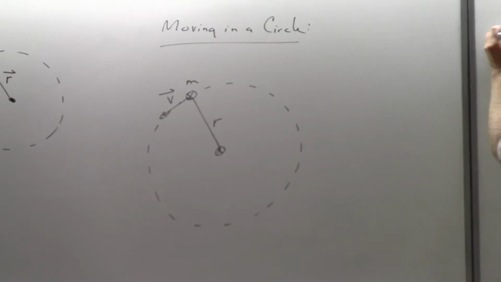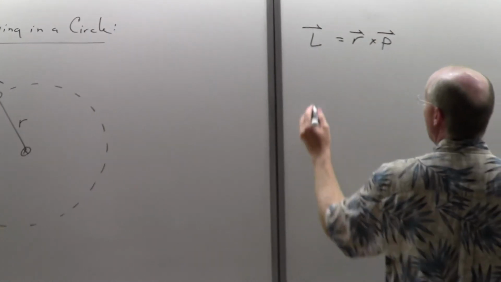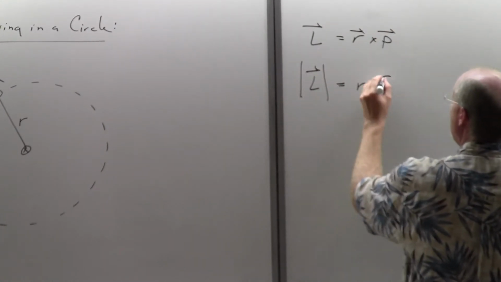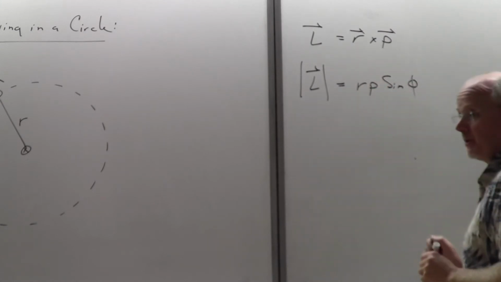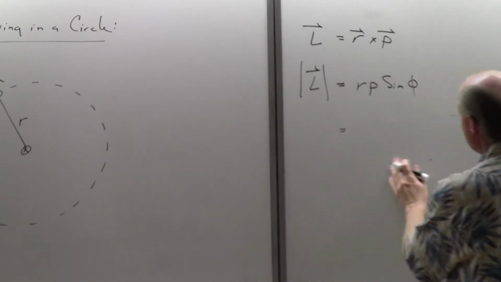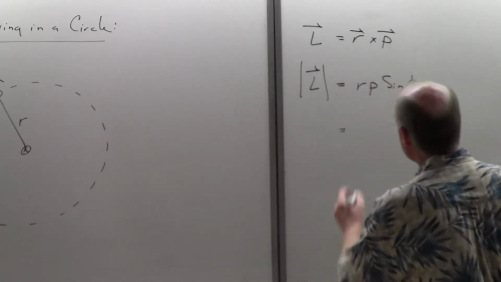You would start off by saying L is r cross p. There would be two steps. The first step would be to say what is its magnitude, and the second step would be to say what is its direction. I'll start with the magnitude. To get the angular momentum of an object going in a perfect circle, I would have r.